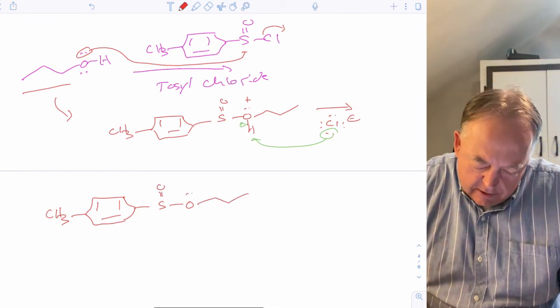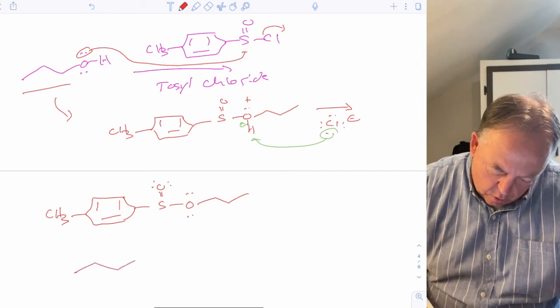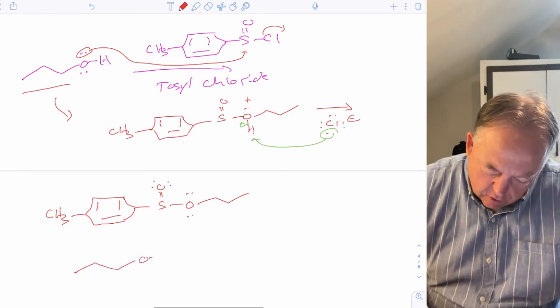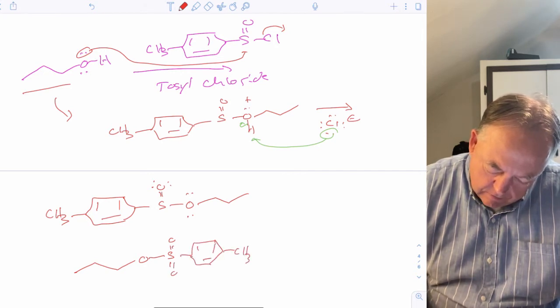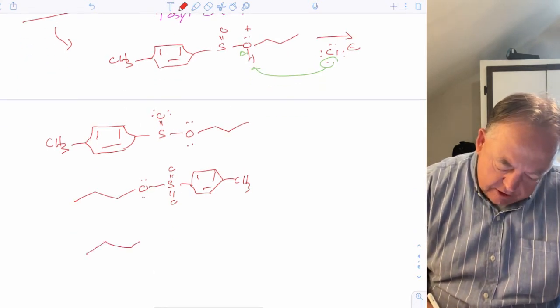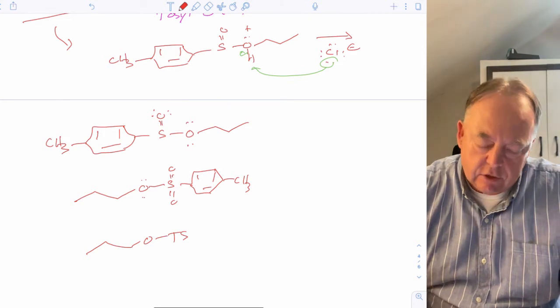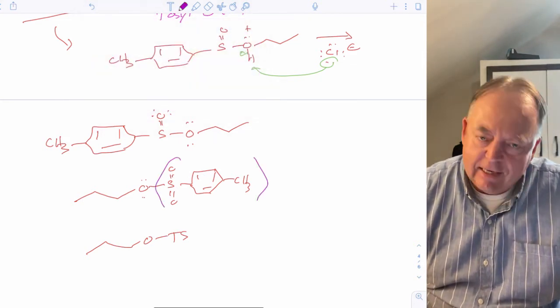So now you have that. Or if I draw it the way the alcohol was originally drawn, it doesn't matter, it's the same molecule. Then we've converted the OH into what's called an OTs group. This can just be abbreviated as Ts.